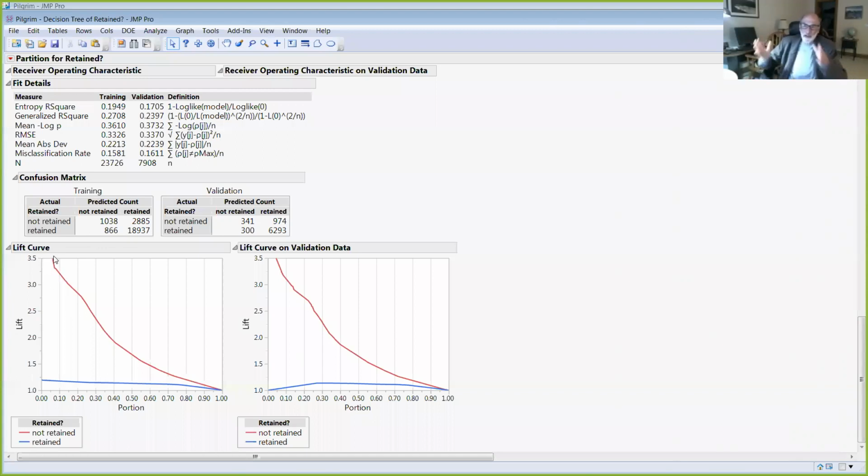You can target customers that the model is giving a high probability of something to, and get a proportionally larger portion of the customer base that you're interested in focusing on. So the higher the lift is, the steeper this curve is, the more it is saying you can use the model to focus your attention on those people with more extreme probabilities.